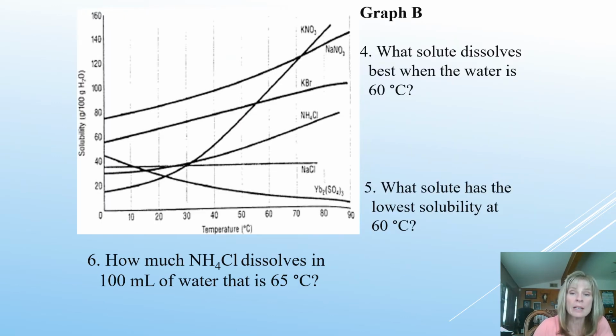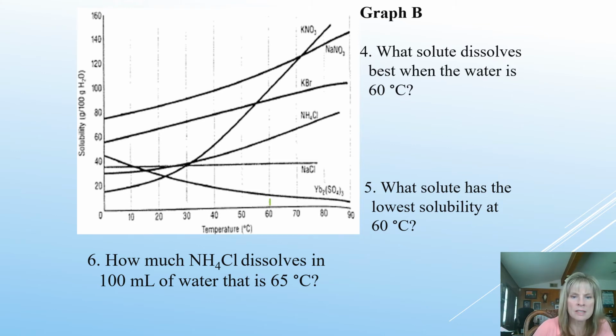Okay, graph B. What solute dissolves best when the water is 60 degrees C? Okay, so this is a busier graph. This is more like what you're going to see. What solute dissolves best when the water is 60? So you find 60. I don't know that I want that color. Let's go with that color. 60 degrees is right here.